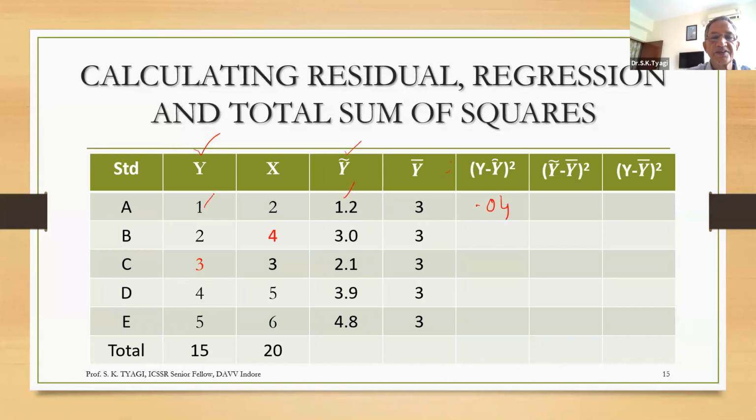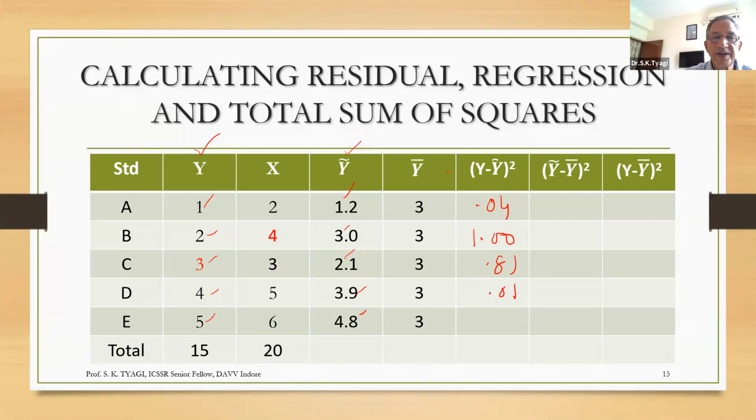Then 3 minus 2 is 1, square 1.0. 3 minus 2.1 is 0.9 and the square is 0.81. For 3.9 and 4, the difference is 0.1 and the square is 0.01.